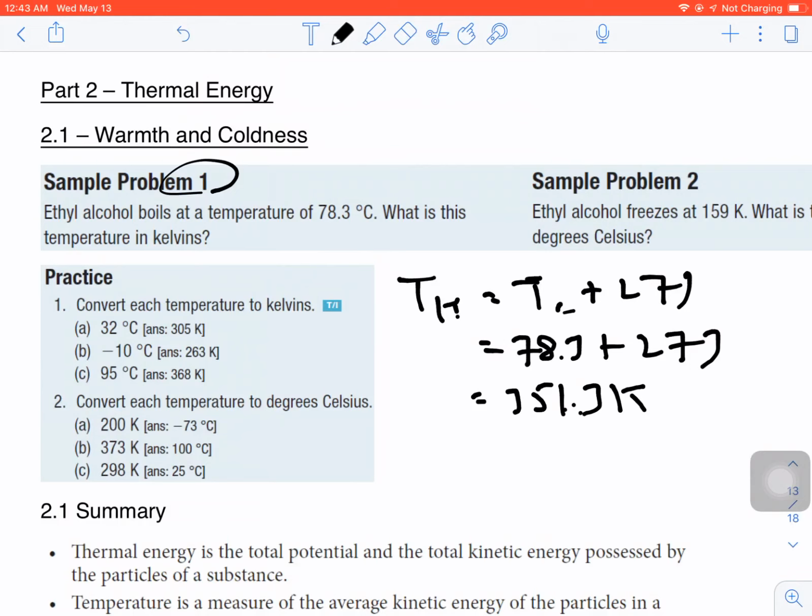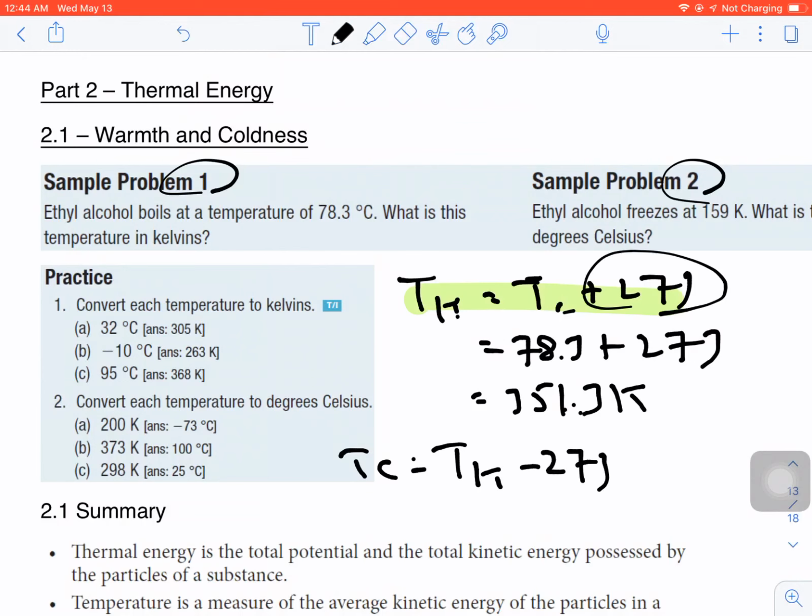Now, sample 2 here says if I tell you that ethyl alcohol, the same chemical, will freeze at 159 kelvins, what is the temperature in degrees C? Well, if I want to rearrange the formula, I can see that the temperature in Celsius is equal to the temperature in kelvins minus 273. I should take my 273 from here across to the other side as negative, right?